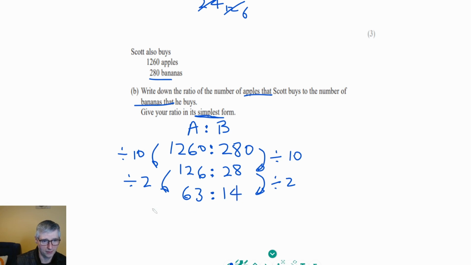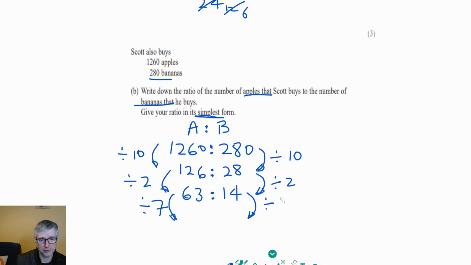So it's getting a little bit simpler now. And we're looking for numbers which will go into both. And that actually might be its simplest form. I don't think there's any numbers that will divide into 63. Oh, yes, there is. Actually, 7 will go into both of them. So divide that one by 7 and divide that one by 7.